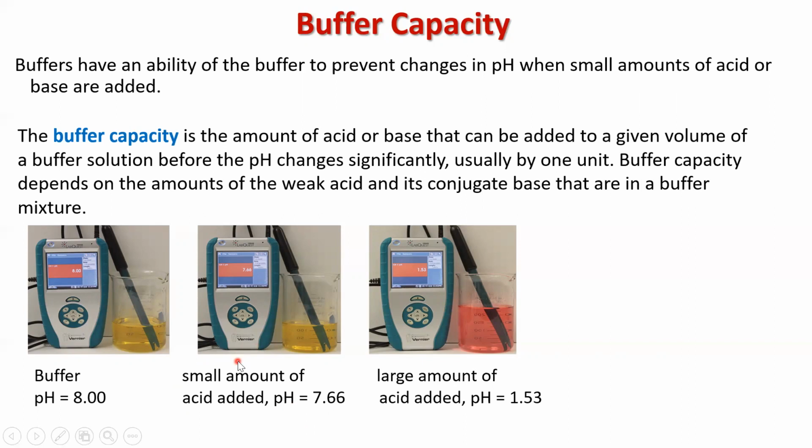But if we continue to add acid, eventually we will exceed the capacity of the buffer. And then any additional acid we add is going to really lower the pH of that solution. So buffers can't resist changes in pH forever, just within small quantities. And it depends on how much conjugate acid and base are in the buffer solution to begin with.